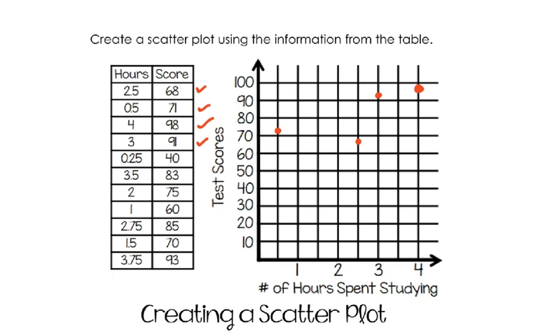So if this is 0.5, this line here, 0.25 is going to be somewhere in the middle there. I'm going to go up to 40. 3.5 to 83. 2 to 75.